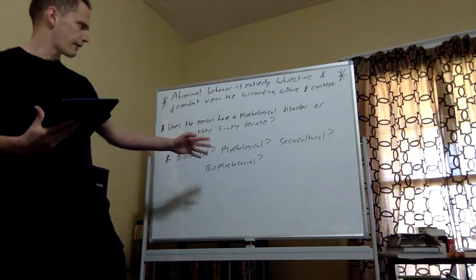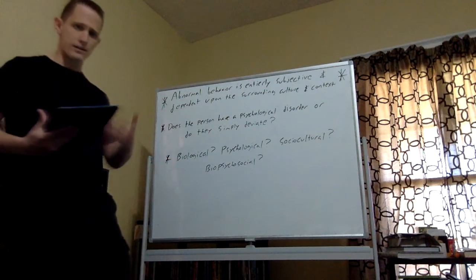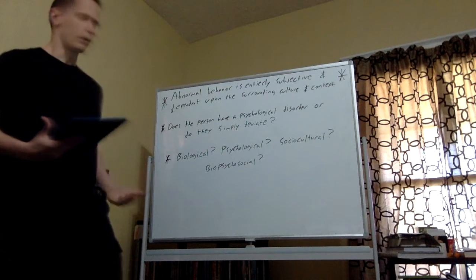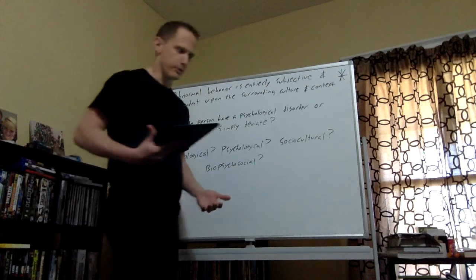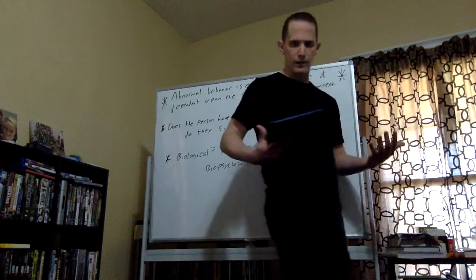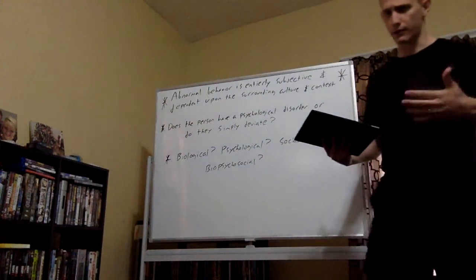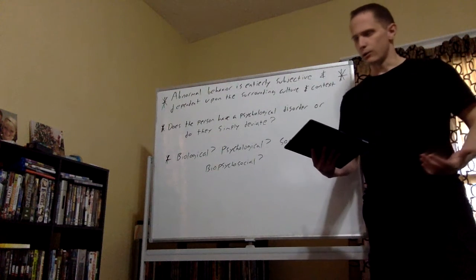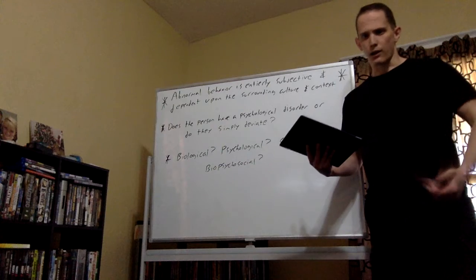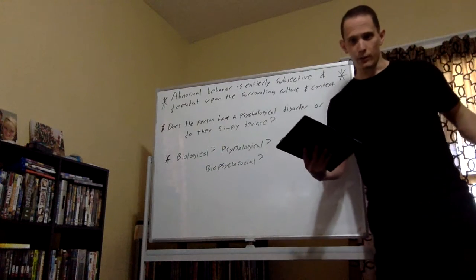Does the person have a psychological disorder, something that needs to be addressed and treated, or do they simply deviate? Because you can be deviant and do deviant things, but there may not necessarily be anything wrong with you. It's not necessarily a bad thing. It's not illegal to go out on a sidewalk and just start eating glue for whatever reason.